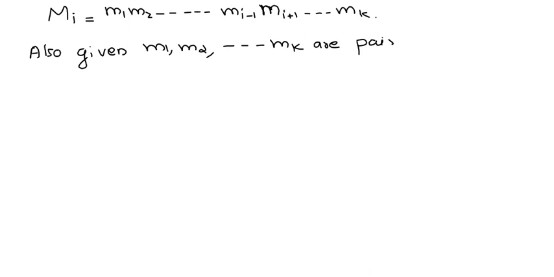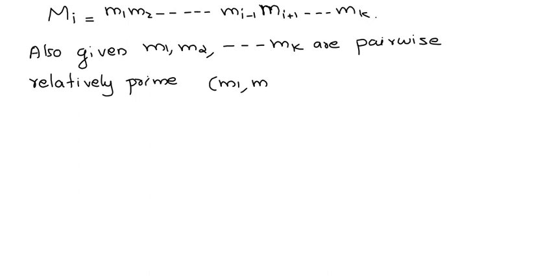Now, given that small m1, m2, etc., mk are pairwise relatively prime, what is the meaning of pairwise relatively prime?